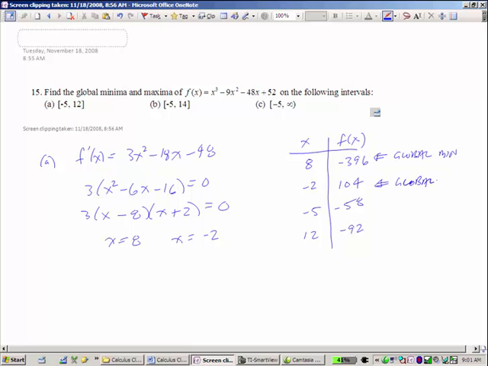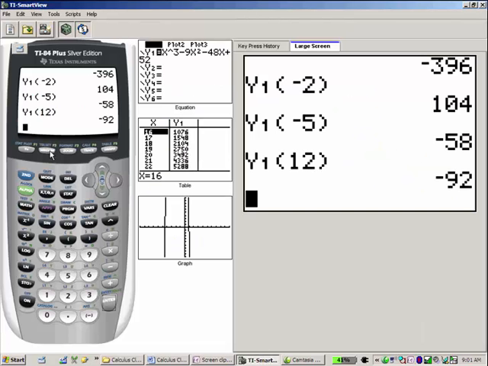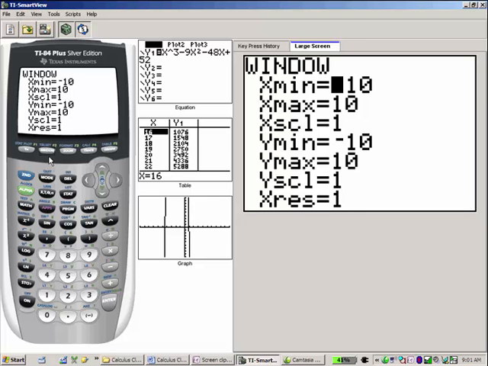And let's take a look at the window. I'm going to look at the graph just to visually see that what I have is okay. So my window, I'm actually going to do my interval from -5 to 12, because that's all I really care about right now.